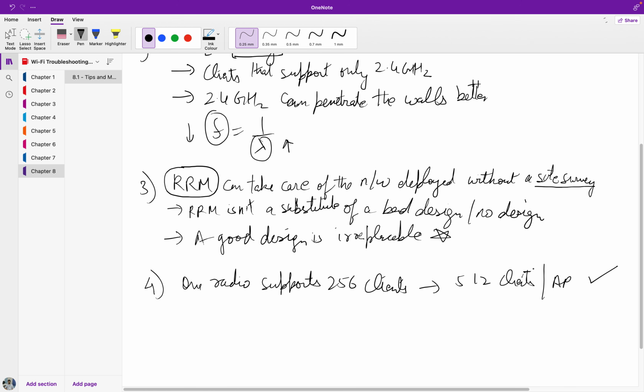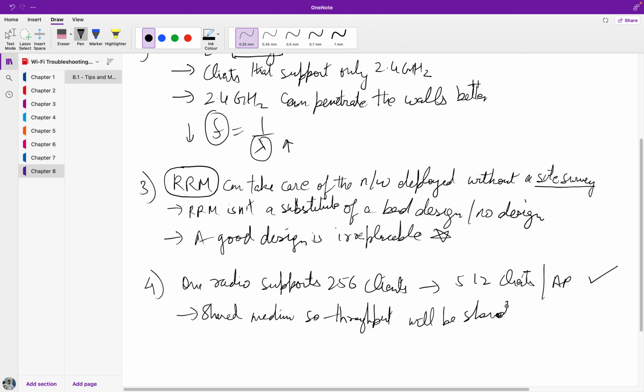Explain to them the reality that yes, my AP can accept, or my radio can accept, 256 association requests and can grant them association. But as we move along to a higher number of clients on an AP or a radio, the performance will start to degrade, because the throughput is shared between the clients, right? Wi-Fi is definitely a shared medium. So throughput will be shared.